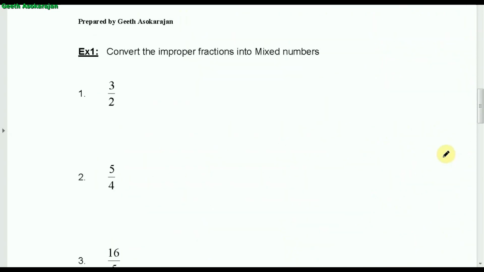Now, let me show you a way to convert an improper fraction to a mixed number. With example number 1, convert the improper fractions into mixed numbers. Let me show you how that is done. First of all, I need to say to myself, how many 2s go into 3?